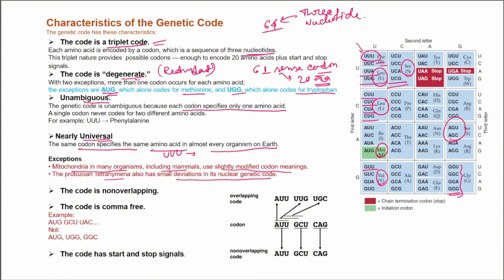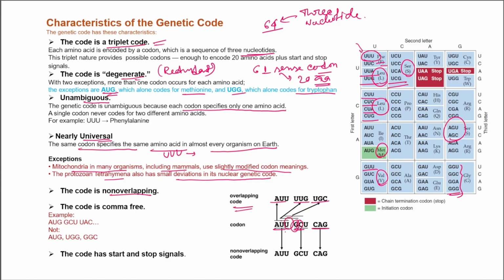Next is that the code is non-overlapping. That means the codons are read one after another. Here the example is AUU, GCU and CAG. These codons are read one after another, like AUU, next GCU, next CAG, not like AUU, UUG, UGC. That would be an overlapping code.